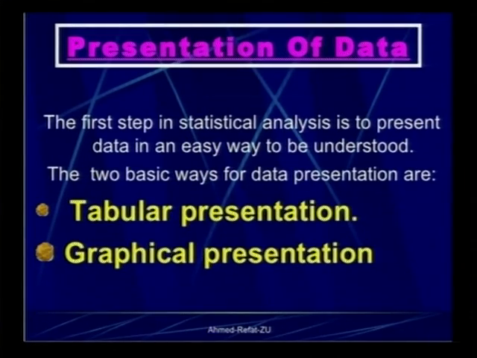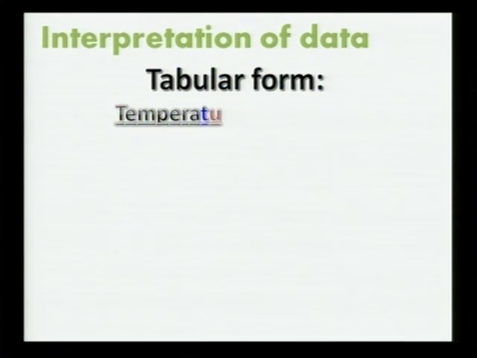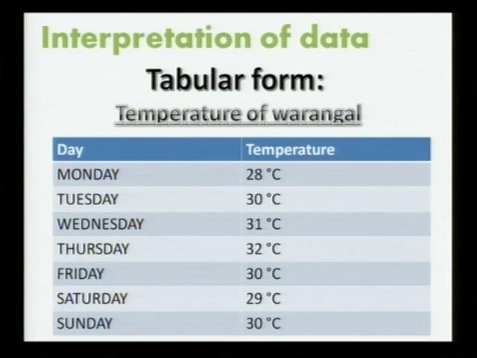Presentation of data. The first step in statistical analysis is to present data in an easy way to be understood. The two basic ways of data presentation are tabular presentation and graphical presentation. Interpretation of data. In tabular form, the temperature of Warangal in this week.